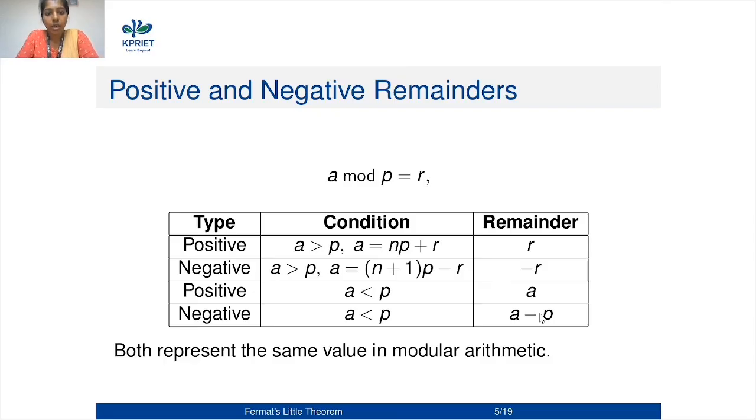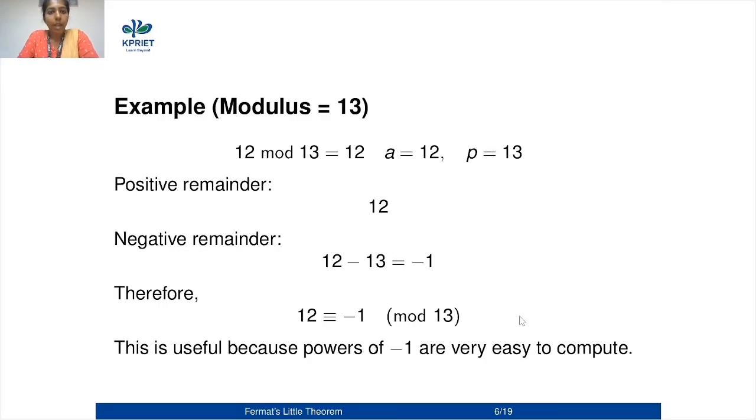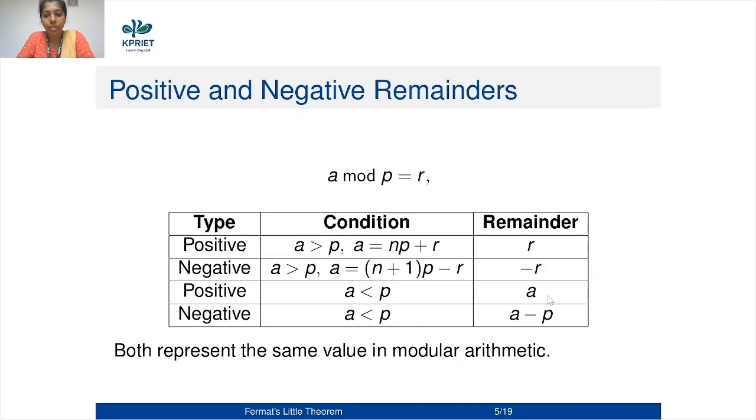So let us listen carefully, and before moving on to the problem, let us have a look at an example. Suppose I have a problem of 12 modulo 13, and here the remainder is 12 because my integer a is 12 and my prime number is 13. Here I have the case of a less than p. If I want a positive remainder, then according to this formula, the remainder is a.